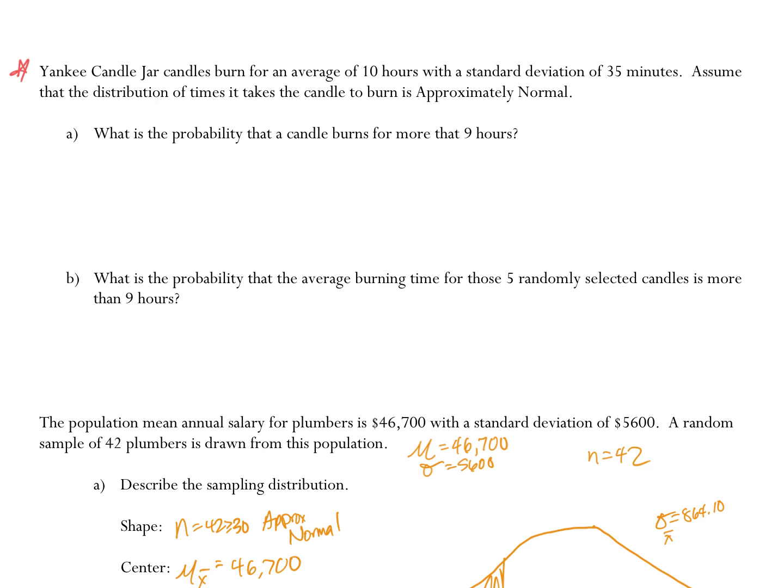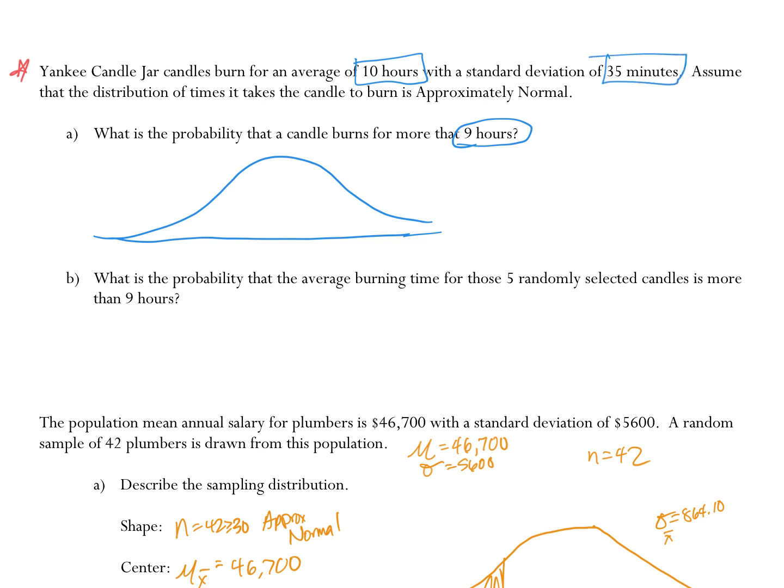All right, ladies and gentlemen, real quick. As you go to do the first one, which was meant to be a basic question unless you read it really carefully: 10 hours, 35 minutes. Do you guys understand what I am saying here?